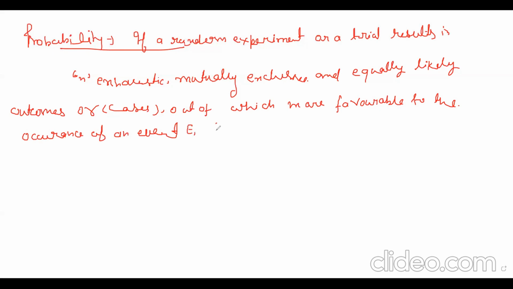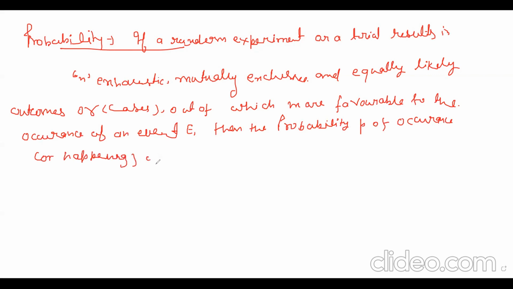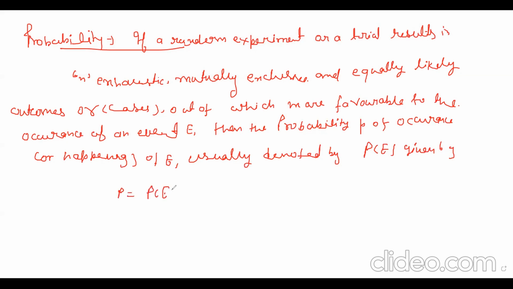then the probability p of occurrence of the event, usually denoted by P(E), is given by P(E) equals the number of favorable cases divided by the total number of exhaustive cases.